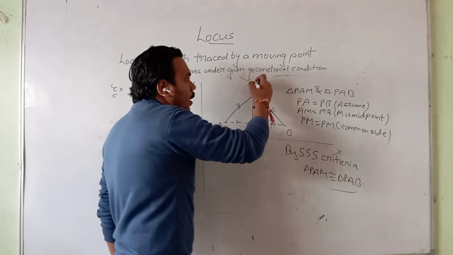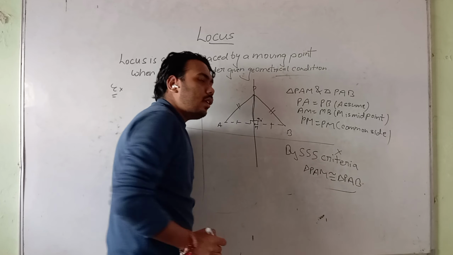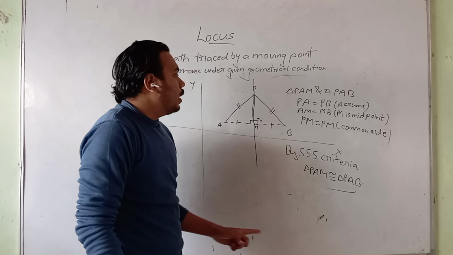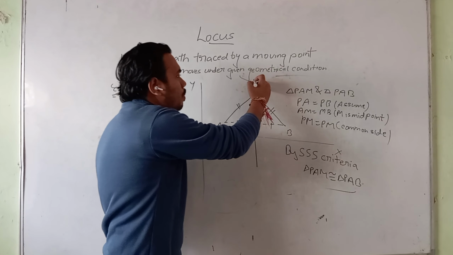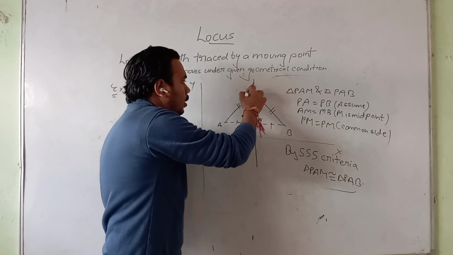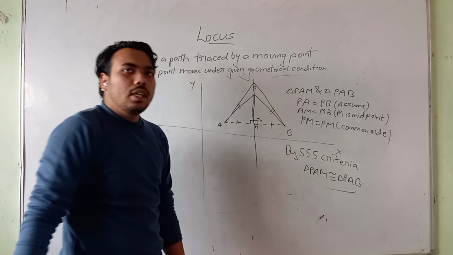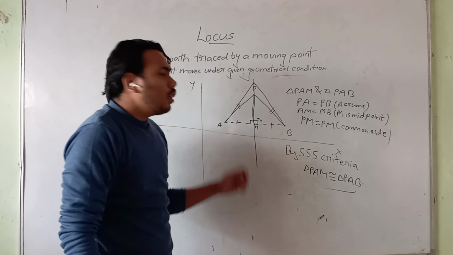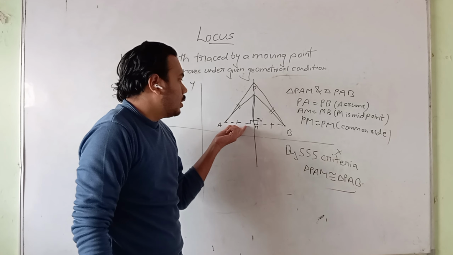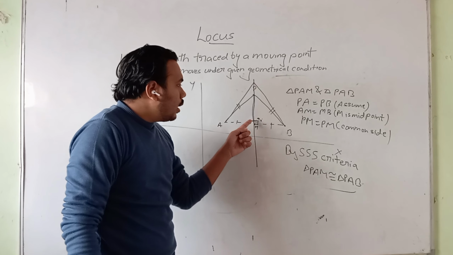Now consider this line passing through P and M and making 90 degrees with the line segment AB. If I take any point on this line, the same situation occurs. These two triangles are formed and they are congruent also, because these two sides are equal, this is a common side, and there is a 90 degree angle.